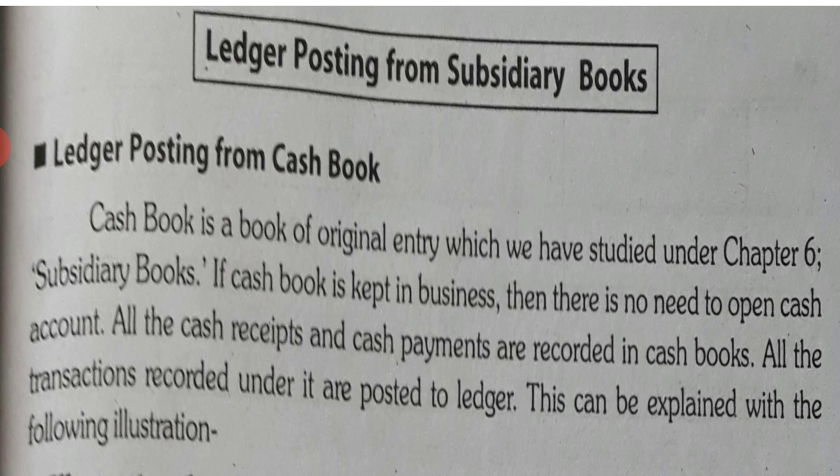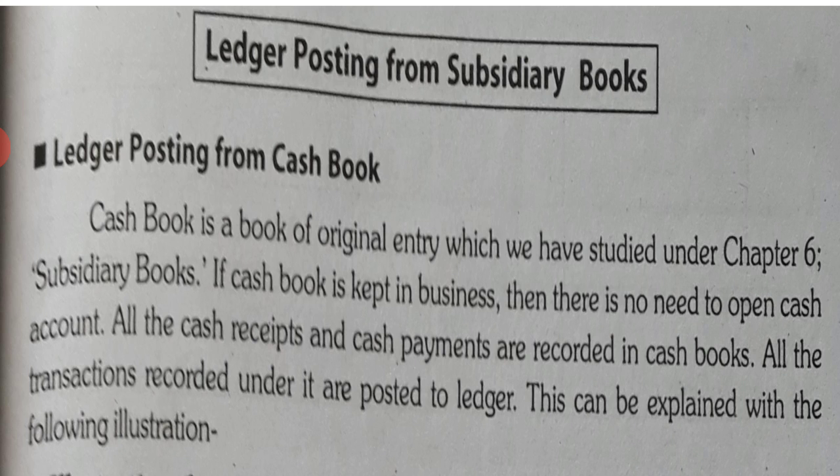It means you have to, first of all, identify the type of account, whether it is personal, real or nominal. Then you have to keep in mind the related side, whether it is debited or credited. And then ledgering and posting in ledger is done.